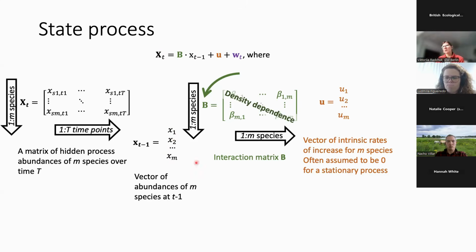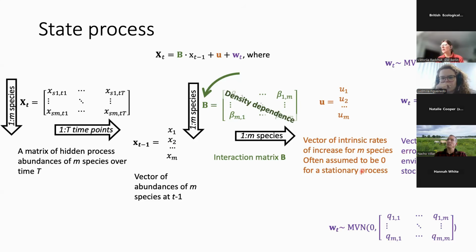That's in order to comply with this multiplicative process according to which this population dynamics is developing, and therefore U then reflects the vector of intrinsic rates. So to comply with the assumption, what's often done is that our logged counts are demeaned. So what we do, we extract the mean of the time series for our species abundances.